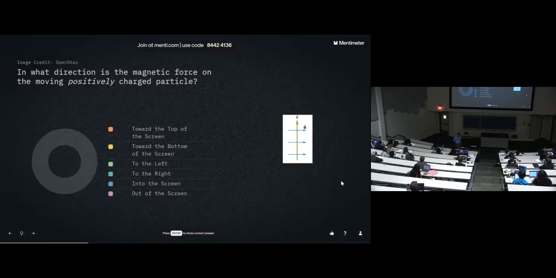So, in what direction is the magnetic force on the moving positively charged particle? Is it toward the top of the screen, toward the bottom of the screen, to the left, to the right, into or out of the screen? Which one do you guys think?